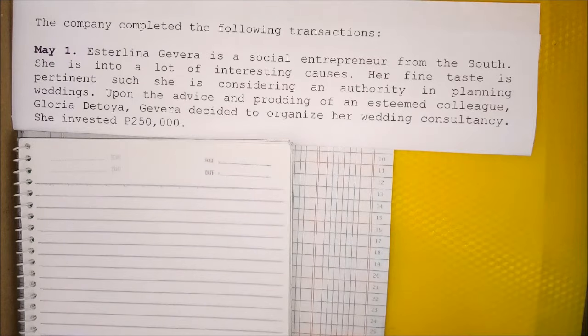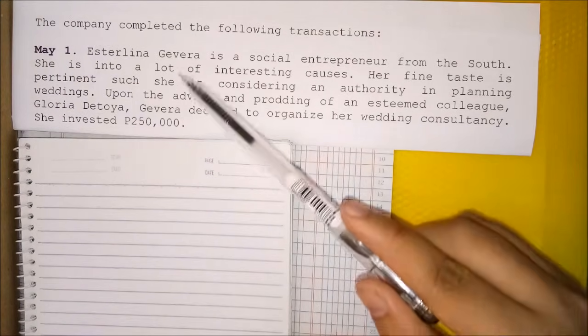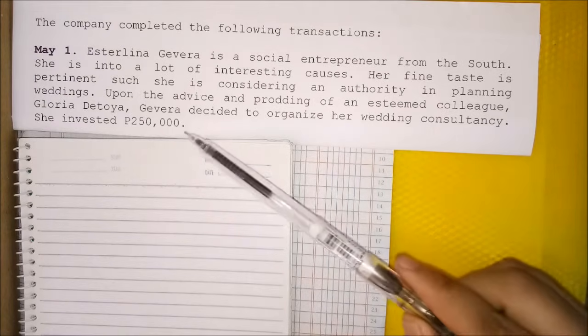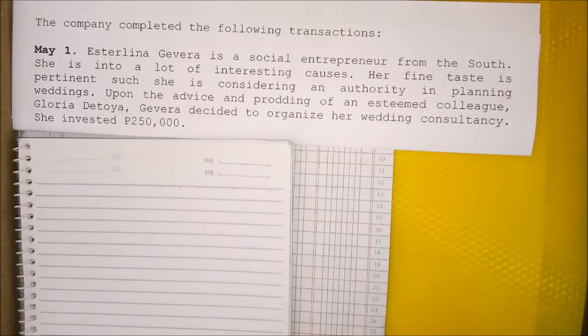She invested 250,000 pesos. So, si Esterlina Guevara yung may-ari ng business entity, and yung business entity niya ay wedding consultancy, service provider. Nag-invest siya ng 250,000 sa business.